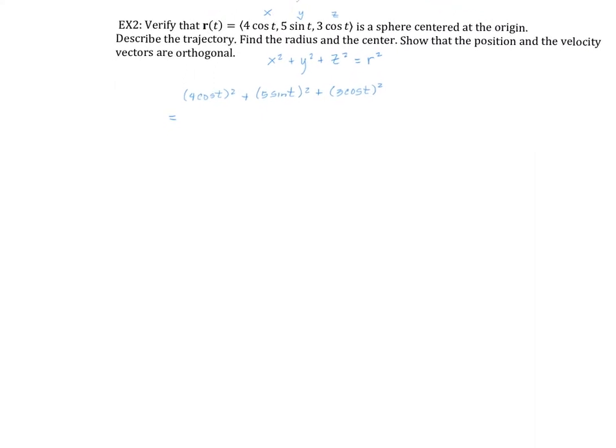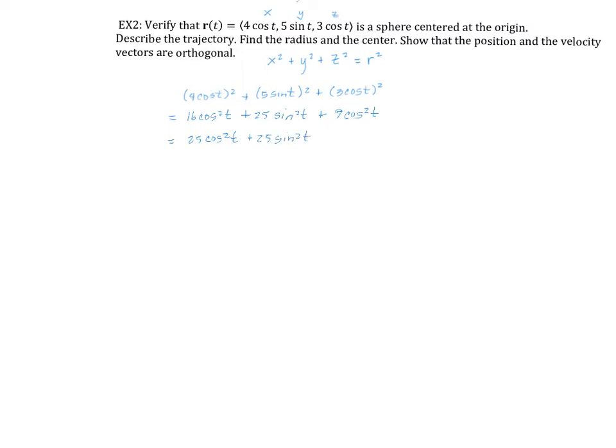Okay, so we get 16 cosine squared t plus 25 sine squared t plus 9 cosine squared t, and combining the cosines, we get 25 cosine squared t plus 25 sine squared t.